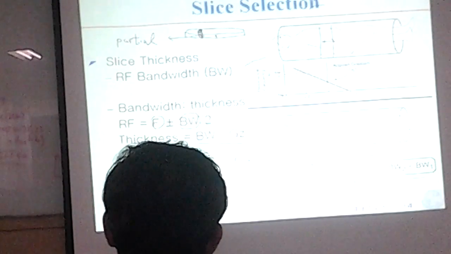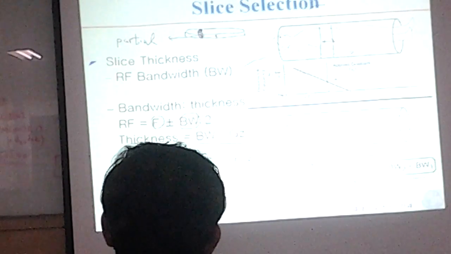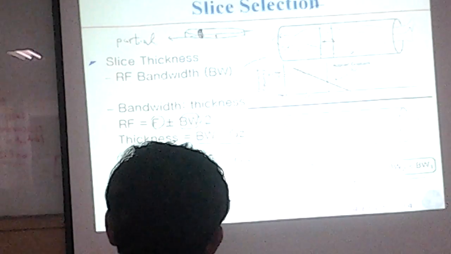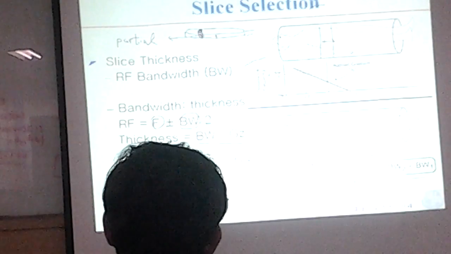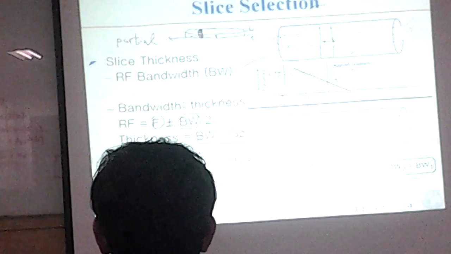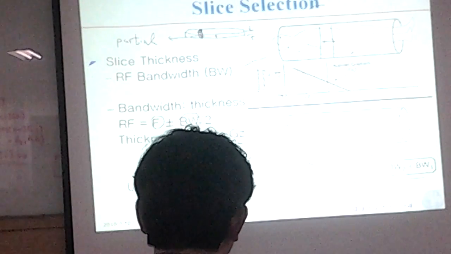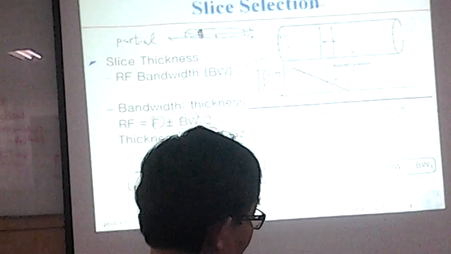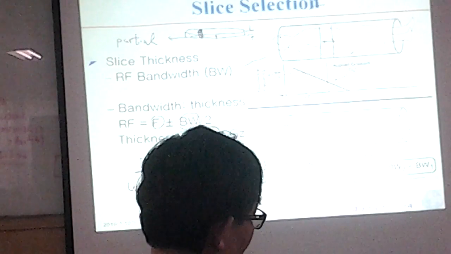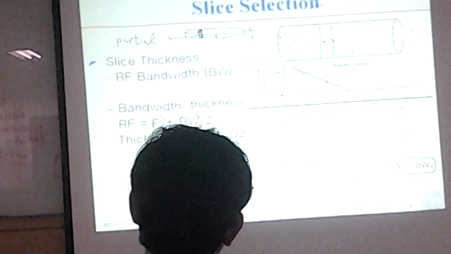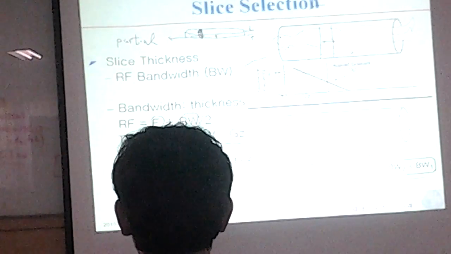But the signal becomes less for the thin slice, which means the SNR is poor for the thin slice. For good SNR, we get the thick slice image. But for the resolution or partial volume effect, we have to get the thin slice image.